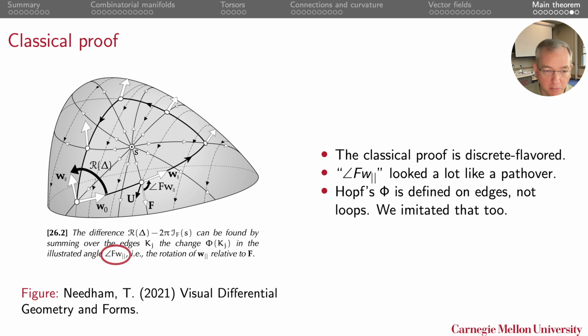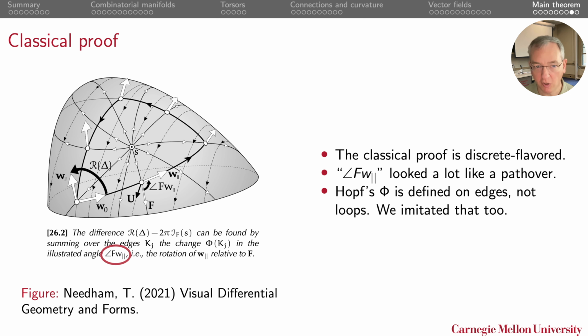And then, like I was mentioning, the classical arguments, if you look at this picture, this is straight from a recent textbook on differential geometry. He's proving the equality of Gauss-Bonnet, Poincaré-Hopf, the equality of total curvature with total index.